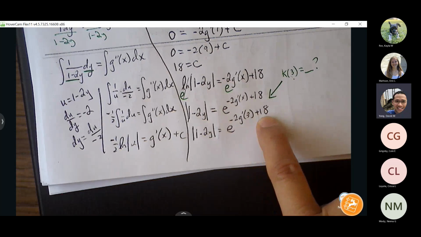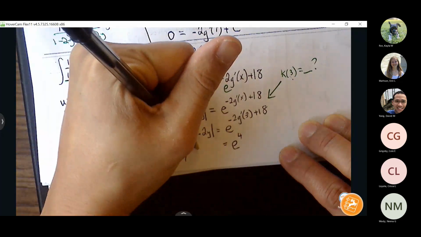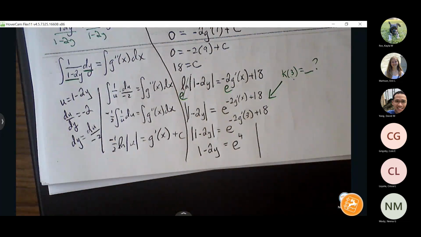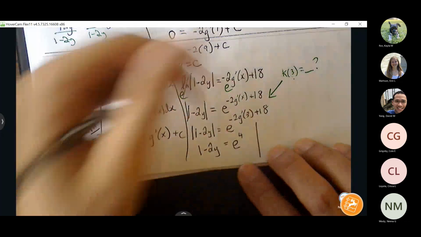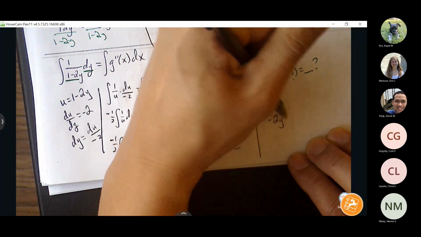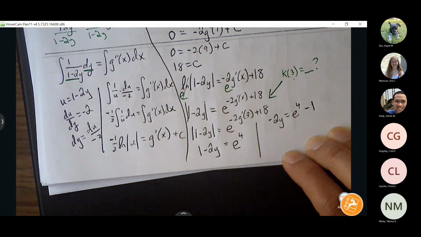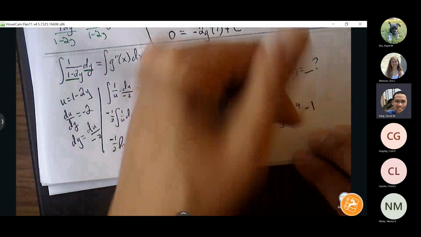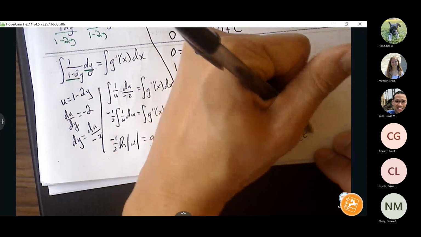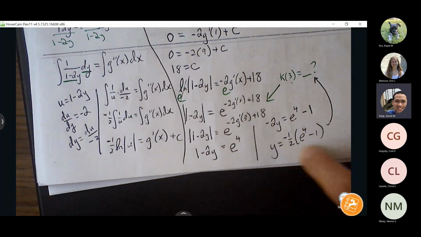Negative 14 plus 18 is 4. Okay, divide both sides by negative 2, which is the same thing as multiplying by negative 1/2. So that's my y value. It looks like a function, but it's really just a number.